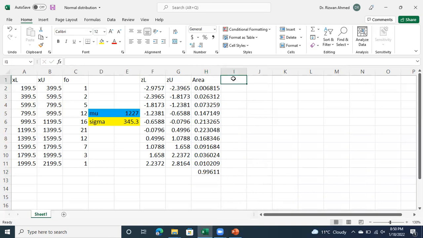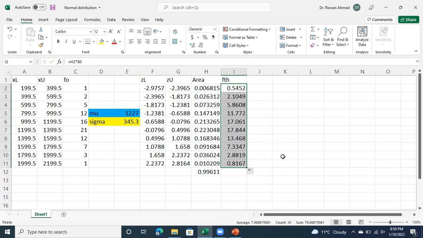And then to compute the theoretical frequencies, which are based on a normal distribution defined about this mu value and sigma, we will multiply the probability area times the total number of observations, which were in this case 80. We started with the 80 light bulbs, and these are their lifetimes.